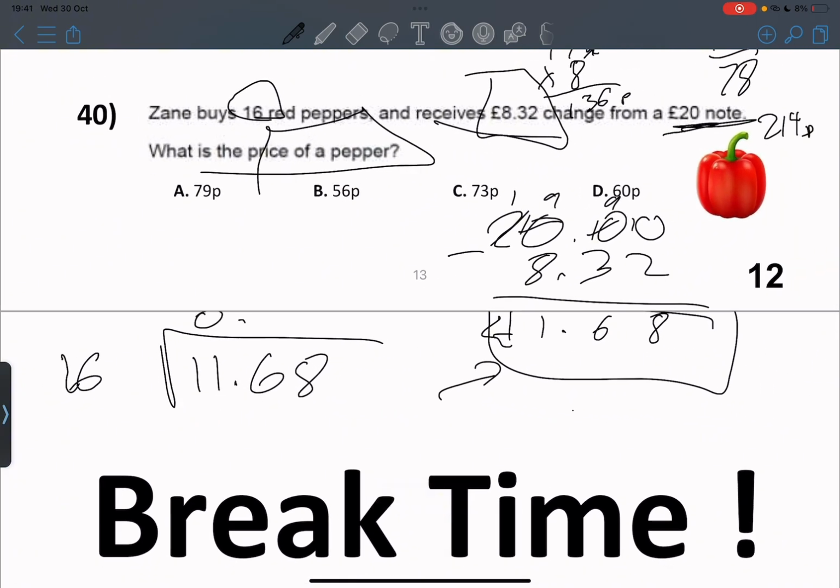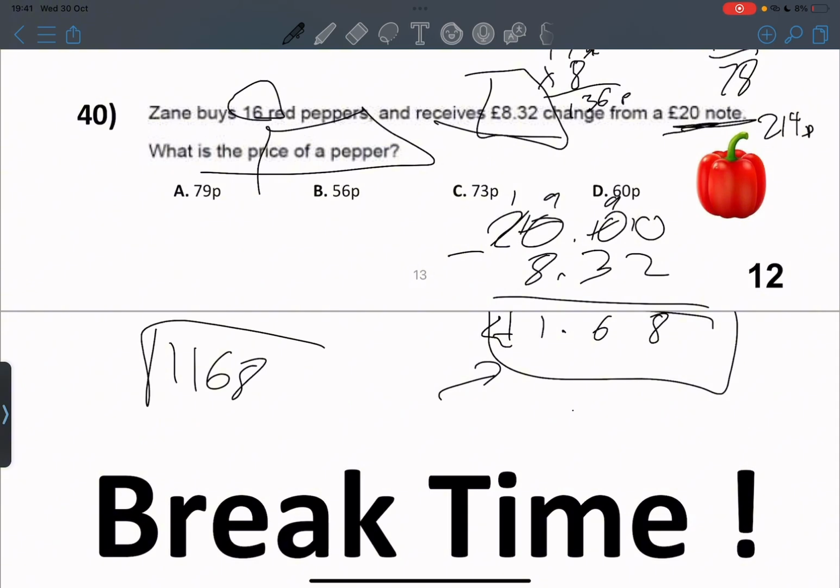Let's just make these into whole numbers first. So 11,680, and then we'll make this 1600, right? Again, it doesn't go into it, so you have to do 0 point, and you add a 0 here. And now you can ask, how many times does this 1600 go into 11,680?